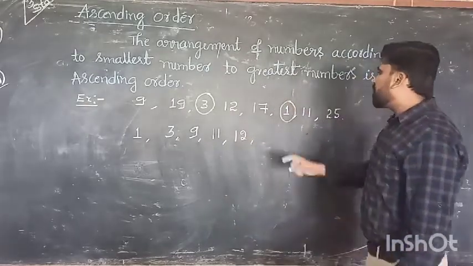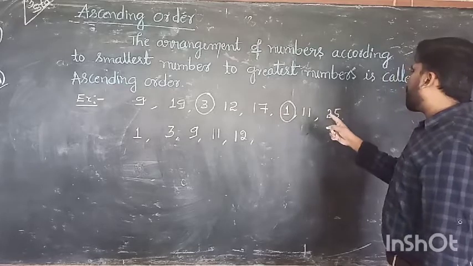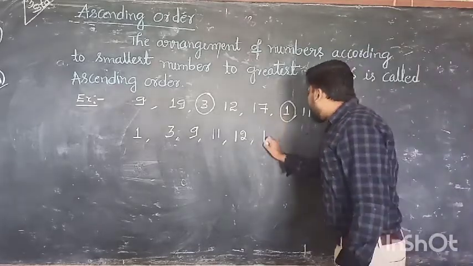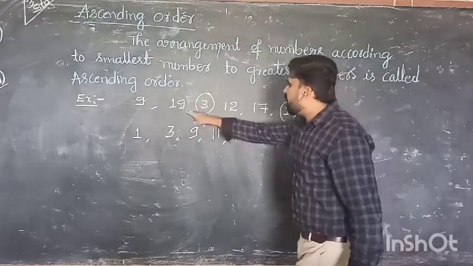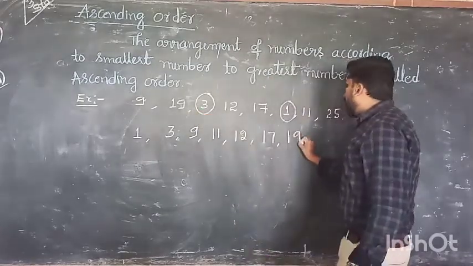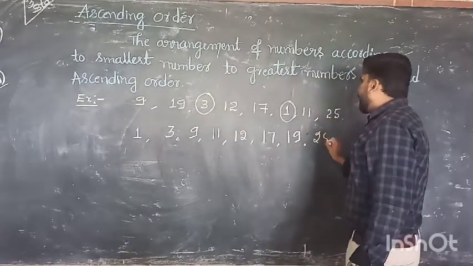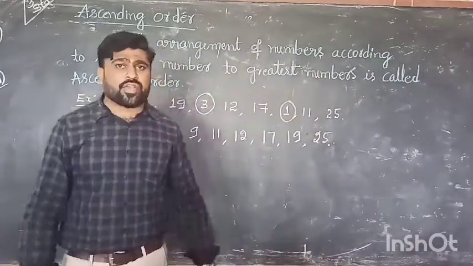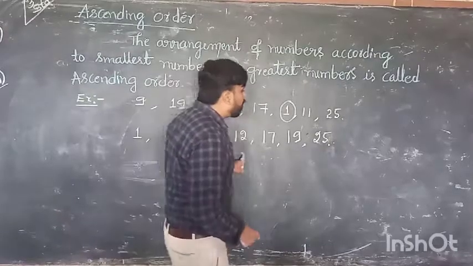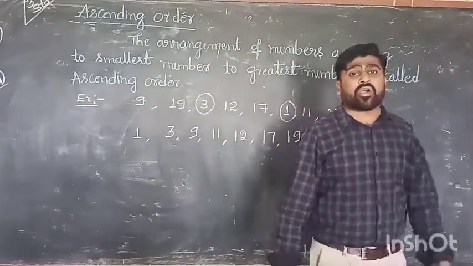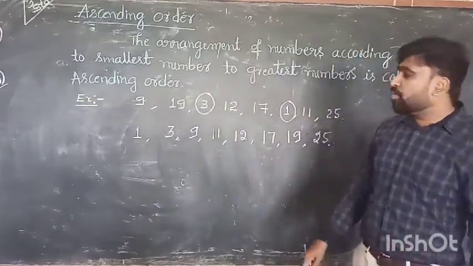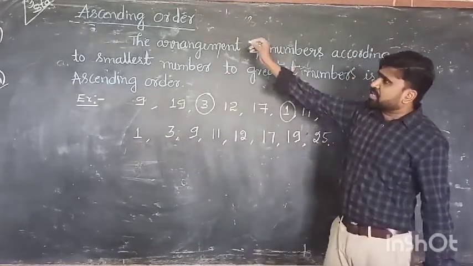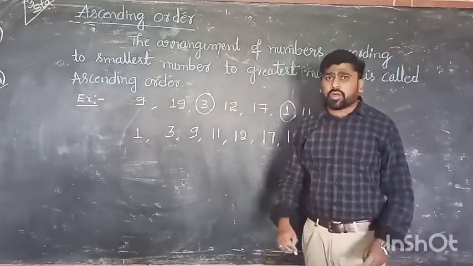Then 13, not given. 14, not given. 15, not given. 16, not given. 17. 18, not given. 19. And last one is 25. See this? This is the ascending order. Arranging the numbers, small number to big number, is called ascending order.